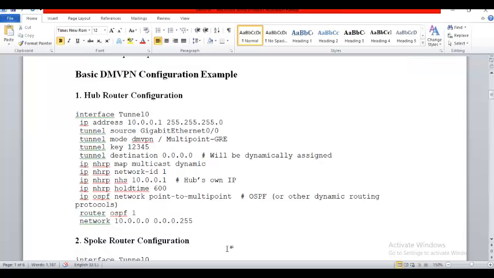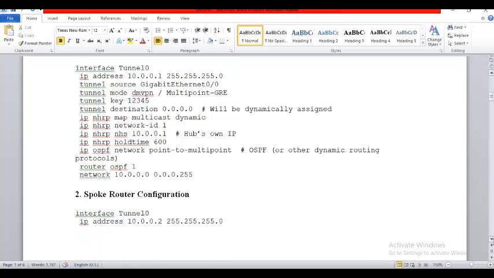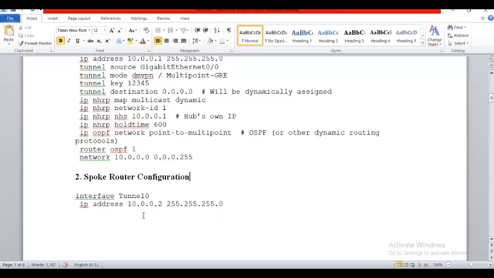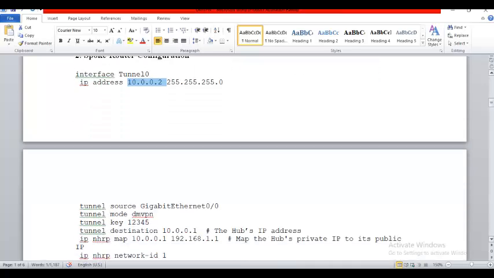Now let us go to the spokes router. Spokes should come and register with the hub. For that, spokes should know the hub. The tunnel IP address is given, same subnet. There you gave 10.0.0.1. Here you should give the same subnet, 10.0.0.2. Now, tunnel source, tunnel destination also, the IP address of the hub.